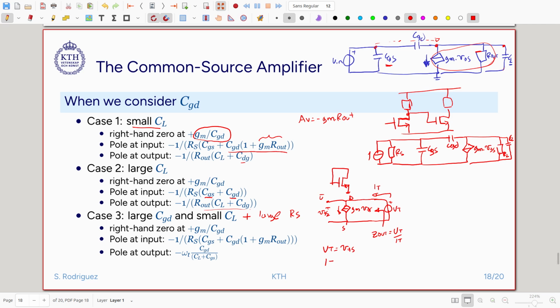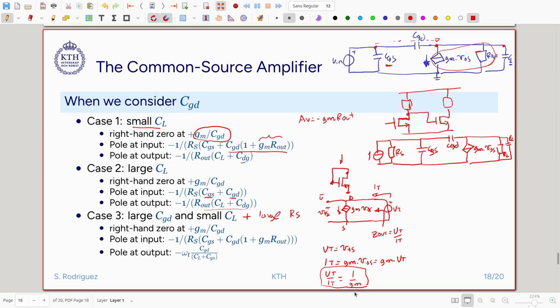That means that this current IT will be equal to GM times VGS, which is equal to GM times VT if we replace, and VT divided by IT will be equal to 1 over GM. Okay, so when I short circuit the gate and the drain, the resistance that I see in this direction is equal to 1 over GM. So this is a very interesting result that we're going to use right now.